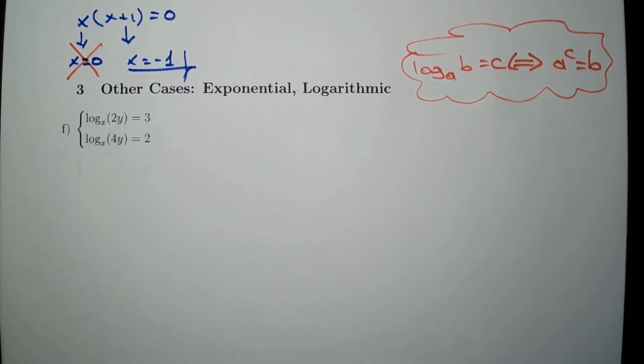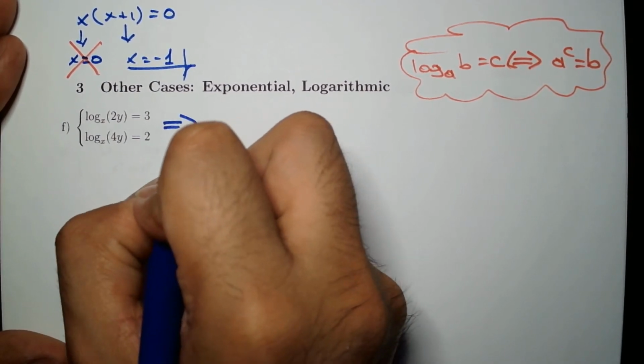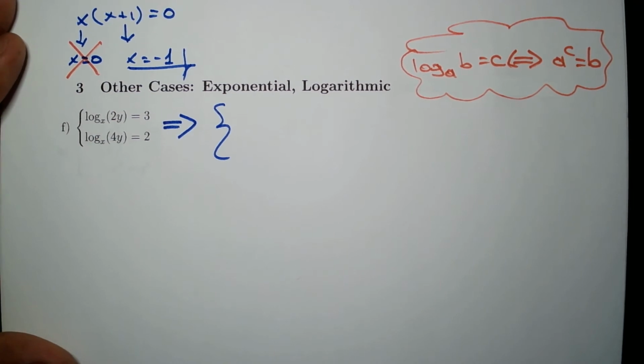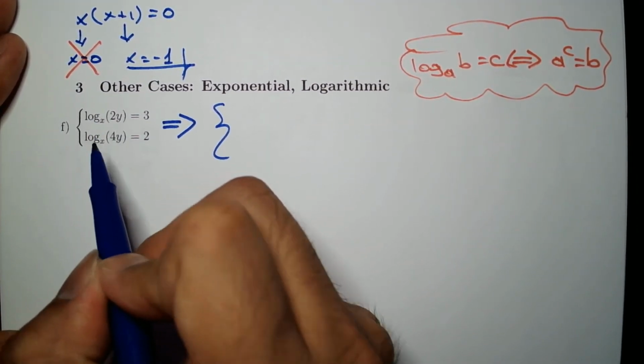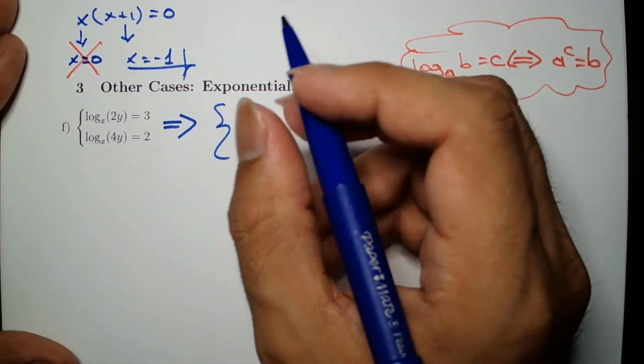So I'm going to rewrite the system in exponential form rather than leaving it in logarithmic form, and the reason is because the variable x is the base, so I need to move it in a way that we can work on it.